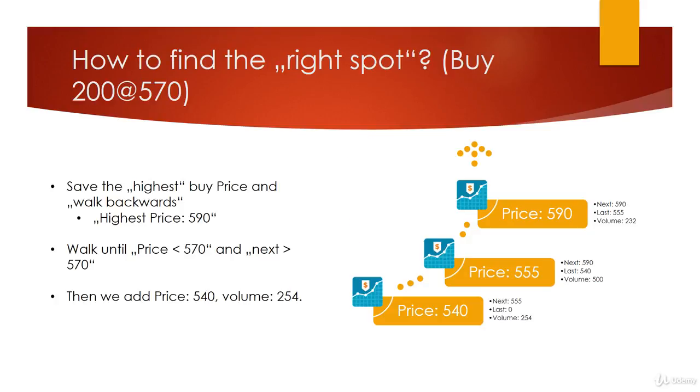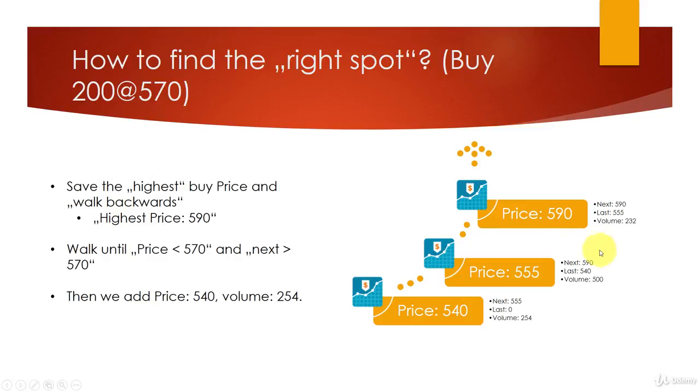So how do we find the right spot actually? Well, we save the highest buy price and we walk backwards. In this case, we know the highest buy price is 590. We save this outside of the order book, so we know what is really the highest buy price. And we walk until our price is smaller than 570 and the next one is bigger than 570.